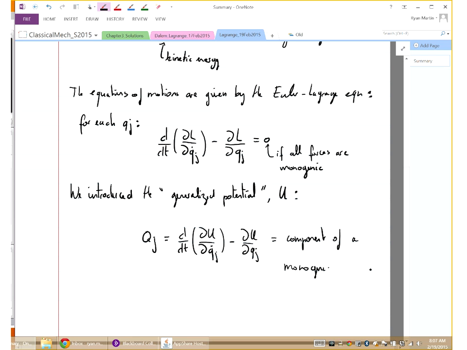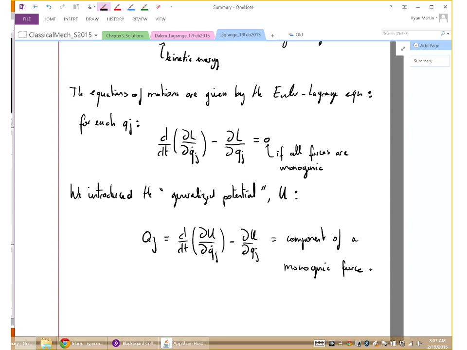So first of all, you can see that the form of how you go from the potential U to the force Q is exactly the same form mathematically as the Euler-Lagrange equation. Of course, that's on purpose.